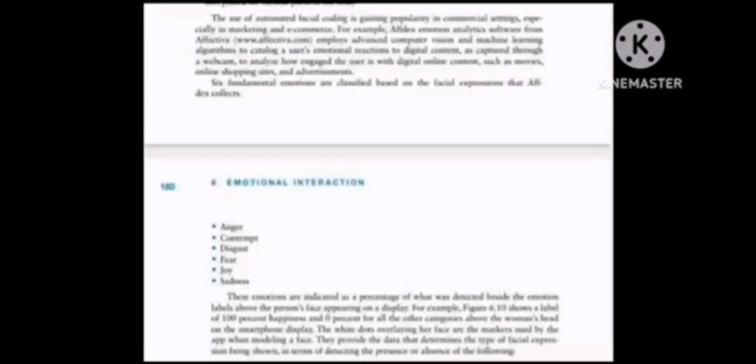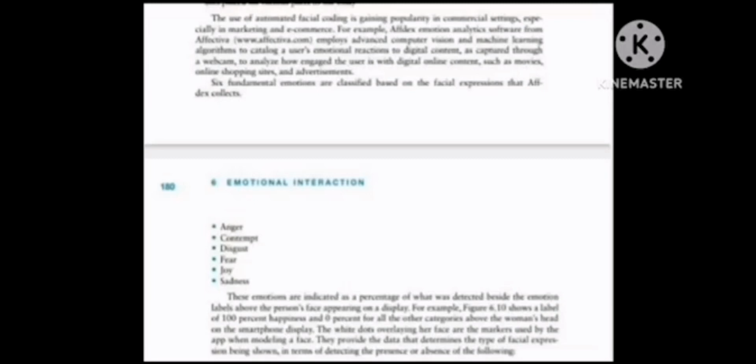Emotions are classified based on the facial expressions that Affdex collects, and these are the types of emotional interactions: anger, contempt, disgust, fear, joy, and sadness. These emotions are indicated as a percentage of what was detected, beside the emotion levels above the person's face appearing on a display.